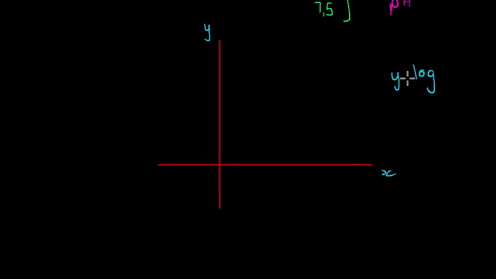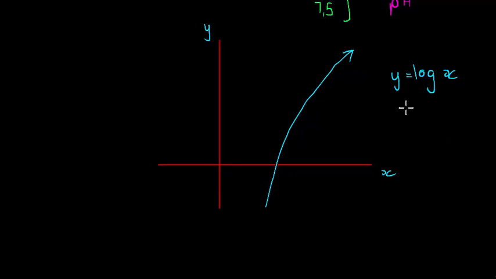The normal graph y is equal to log of x will roughly look like that. Actually, let me draw it a little bit more to this side so I have space. This would be my normal log value, y is equal to log of x.